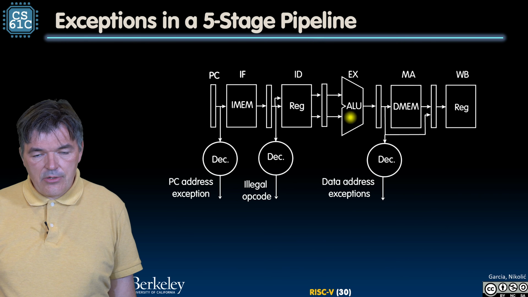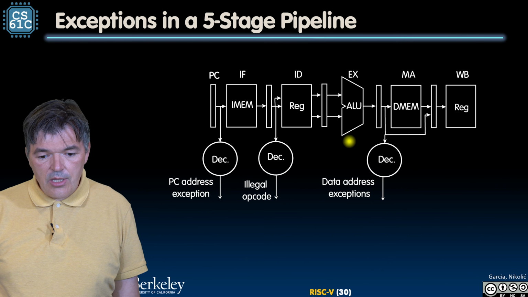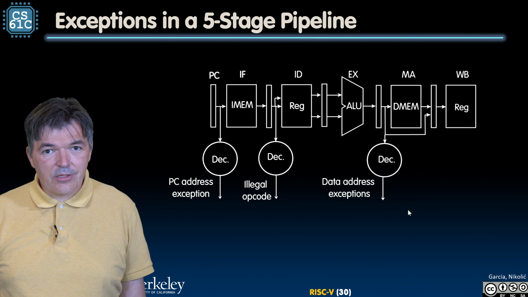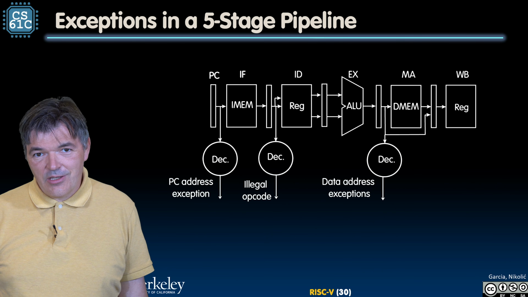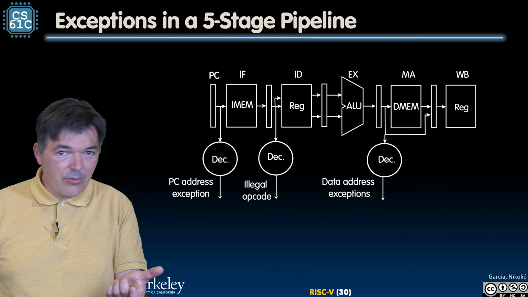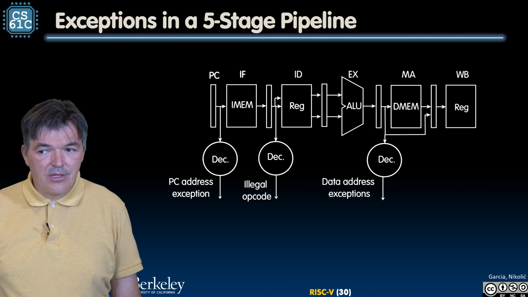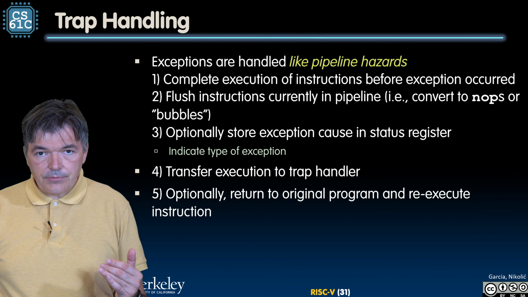We can divide by 0 and raise an exception with that, or we may address the wrong part of the memory space, addressing some part of the memory where we should not have our data. That all is going to cause exceptions. All right.